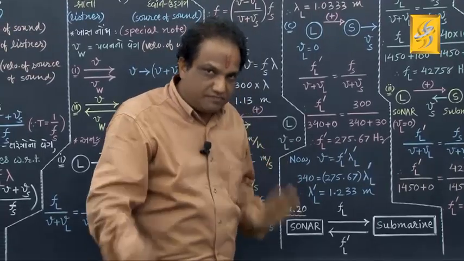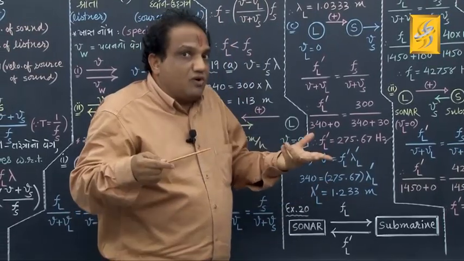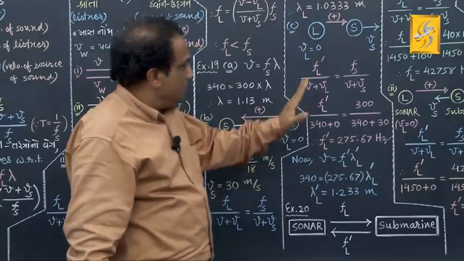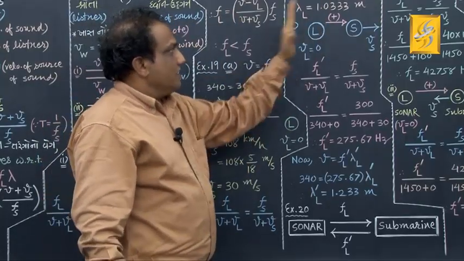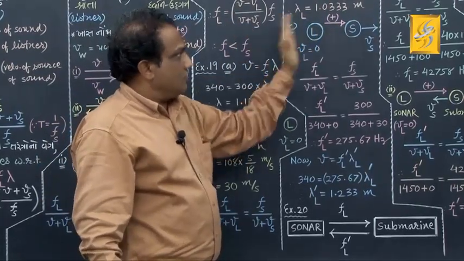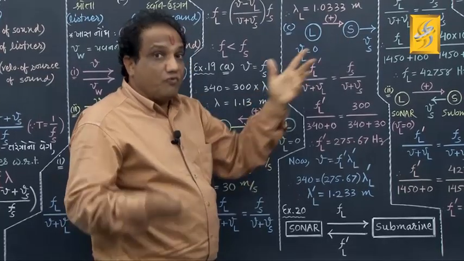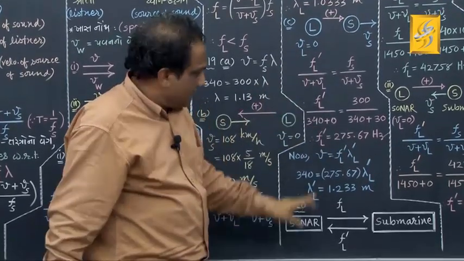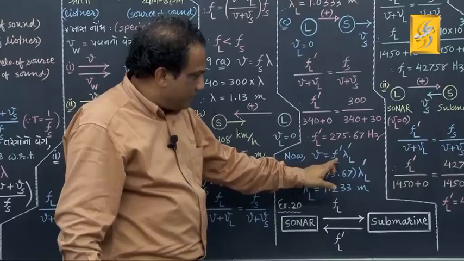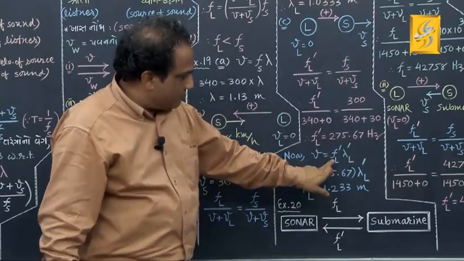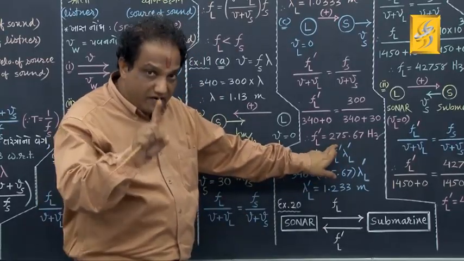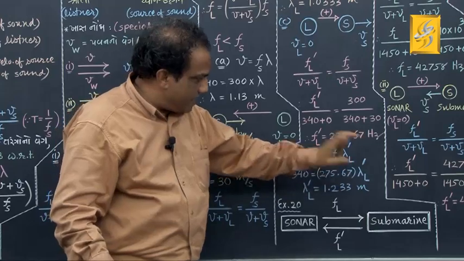Correct? Fine. Now what is the wavelength of the corresponding sound waves in the backside region, in the rear region on the backside of the source? Let us find out. You know, wave velocity is frequency multiplied by wavelength. Because the frequency is FL dash, I take the wavelength as lambda L dash.